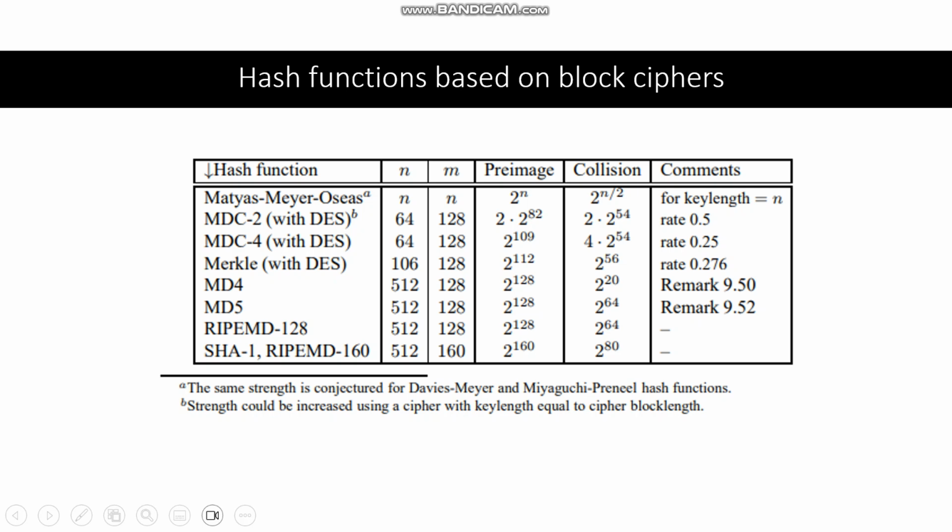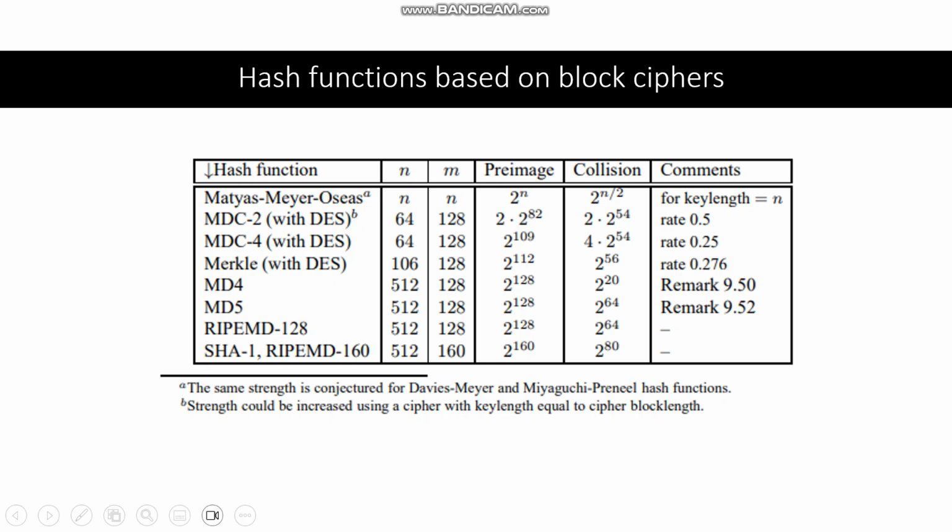For the collision, we have these kinds of values. You can see here for MDC2 it's 2^54, and for Merkle it's 2^56, and so on.